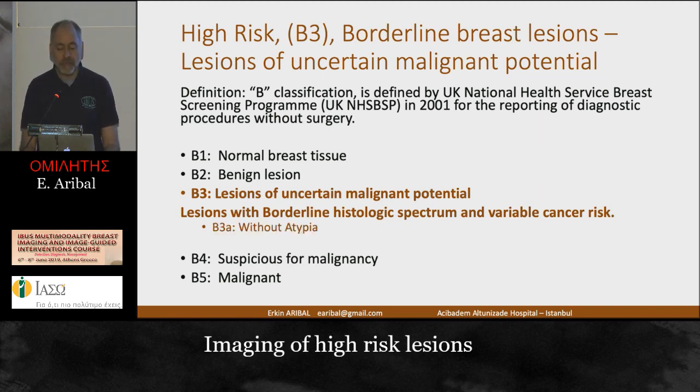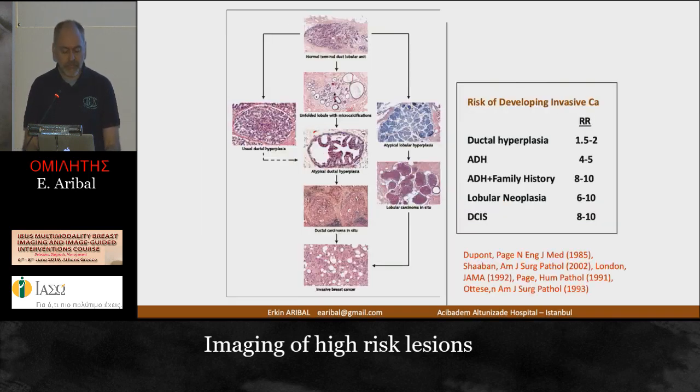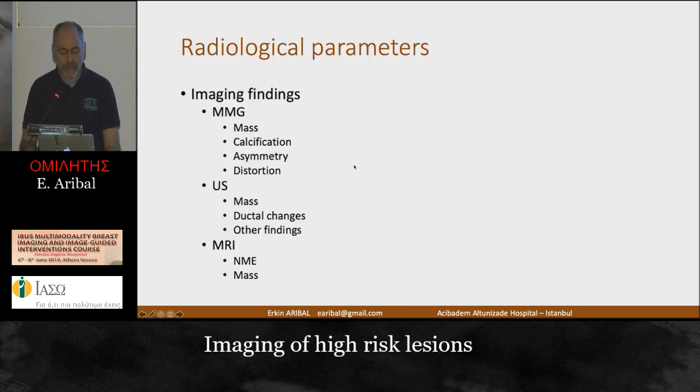If it's a B3A, it's without atypia. If it's a B3B, it's with atypia. So atypia is one of the keys in evaluating these lesions. These lesions start with normal hyperplasia, then turn to atypia or DCIS or malignant lesions. That is the development of the cells in the ducts.